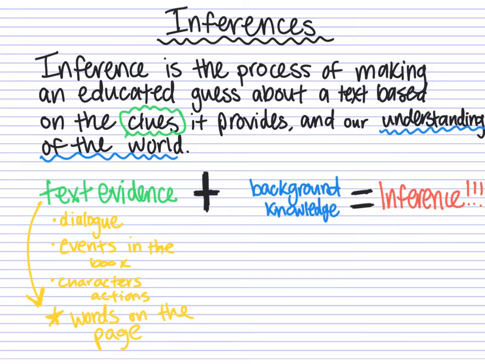It is things that are right there in the book that you can read. There's no denying it. We're not making things up in our head. It's right there. We read it. That makes it text evidence. But it comes in all kinds of different forms, such as dialogue, characters talking, the events that happen in the story, or the choices that characters make, their actions. So, text evidence. Clues inside the text, meaning things that are there.